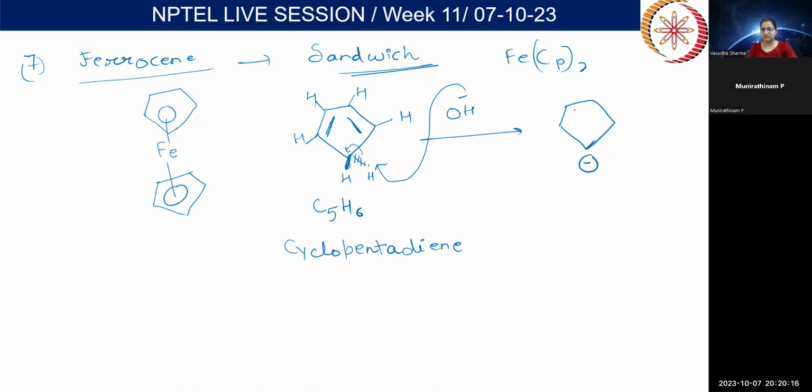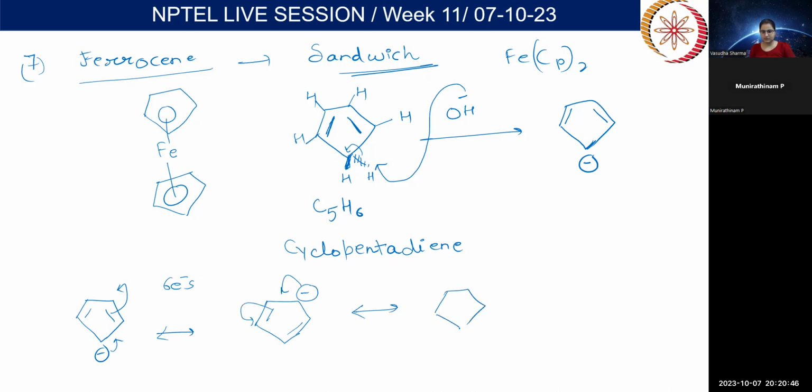If you count the pi electrons, this becomes six electrons, because now it participates in resonance, with delocalization happening. There is a double bond here, and the negative charge moves around, and ultimately we have a resonance hybrid structure where the negative charge is all around the ring. That is called the cyclopentadienyl anion.